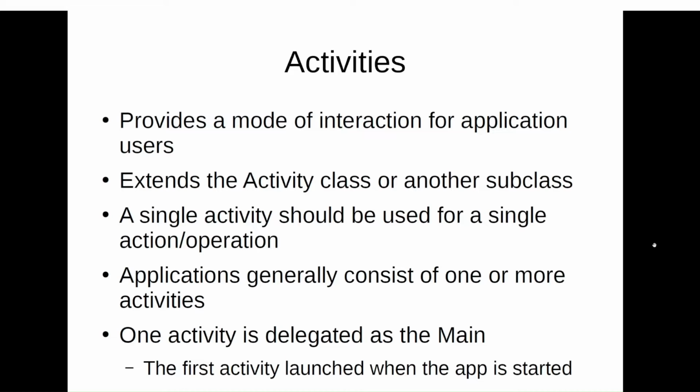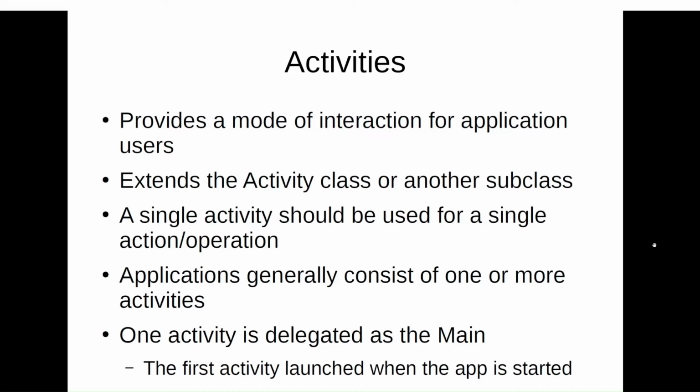And then from there, I could click on, say, reply or forward, and that would launch my email compose activity. And then we can have information being passed between those activities depending on what action is being triggered. And we'll see how that is done a little later on.